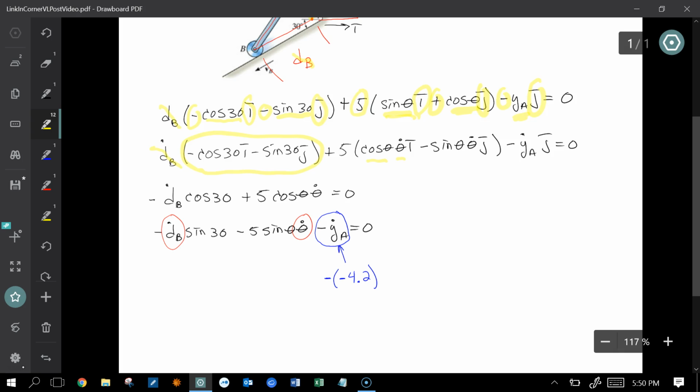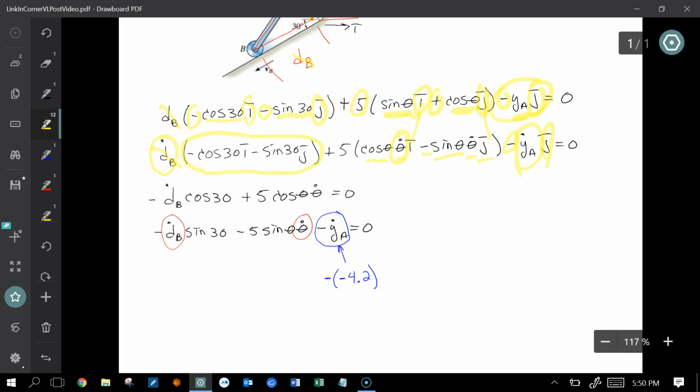The derivative of the cosine is negative sine theta, theta dot in the j, because the i's and j's are all constants. The derivative of YA, which is a variable, gives YA dot, with the negative and the j from the equation. That's equal to 0. How many unknowns? You don't know dB dot, and you don't know theta dot. But you should know YA dot.